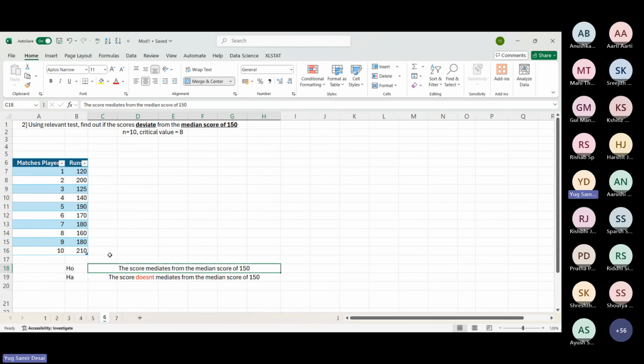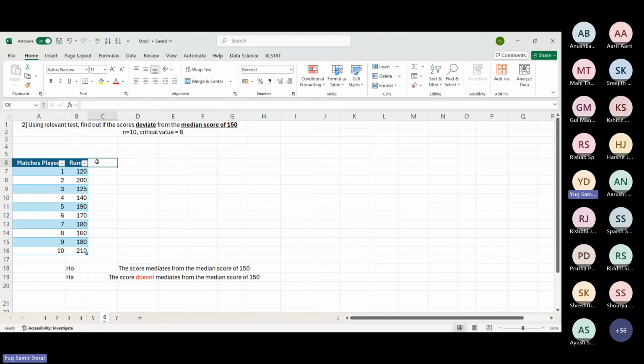So firstly, we laid out the hypothesis for our test. I'll remind once again that we are testing the median with the Wilcoxon signed rank test. That's why our null hypothesis is that it deviates.